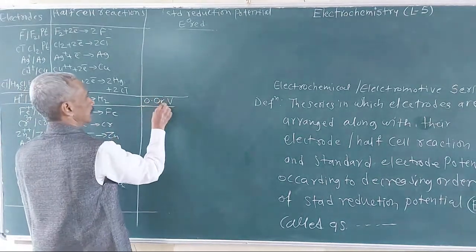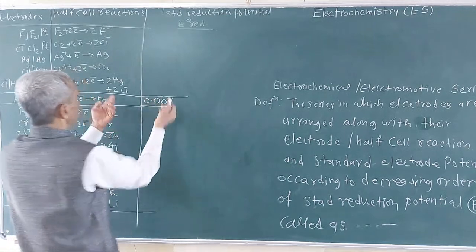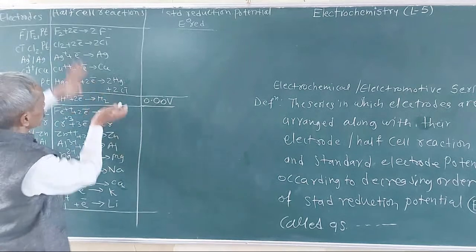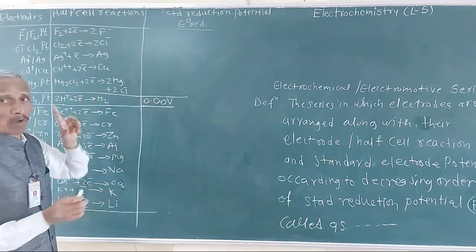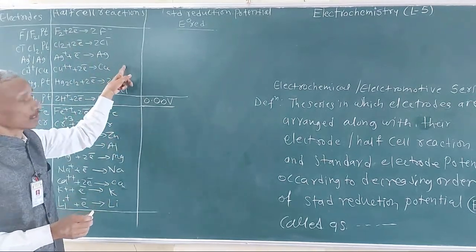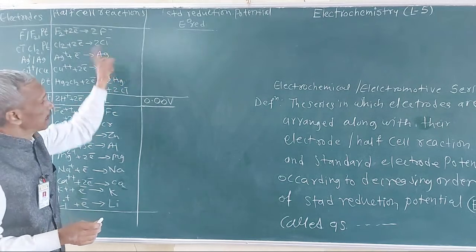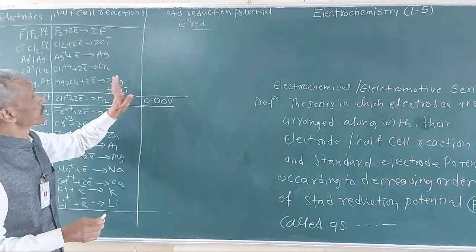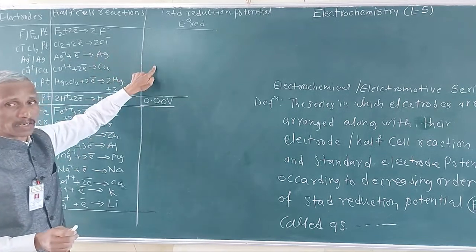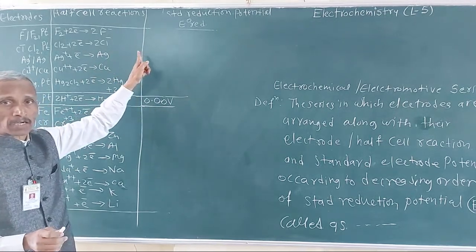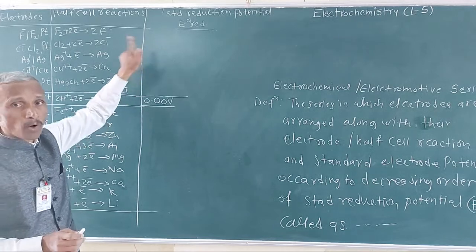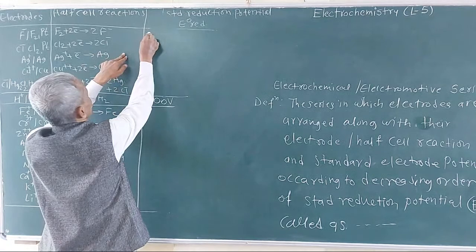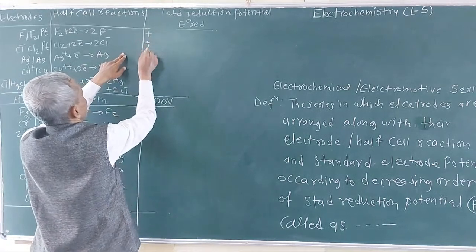So when compared to hydrogen, if this hydrogen electrode is attached with all these electrodes, it is found that all these electrodes undergo reduction and these other electrodes undergo oxidation. The reduction potential, or tendency to undergo reduction, is more compared to hydrogen, and they are therefore given positive values.